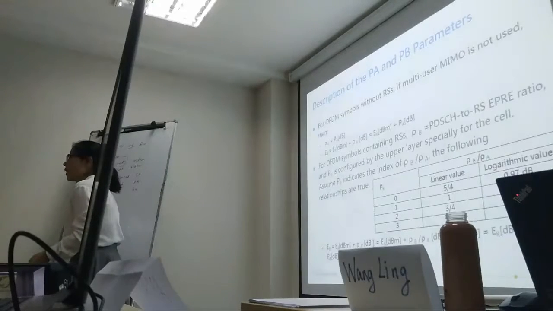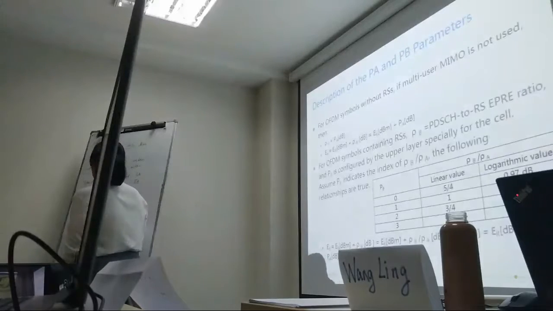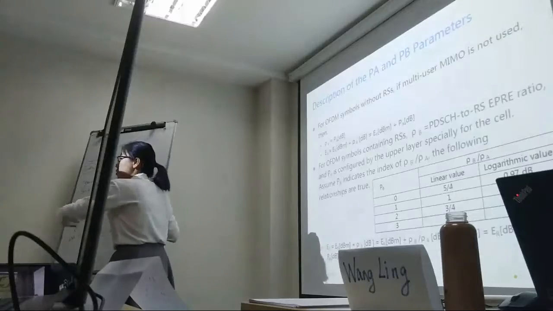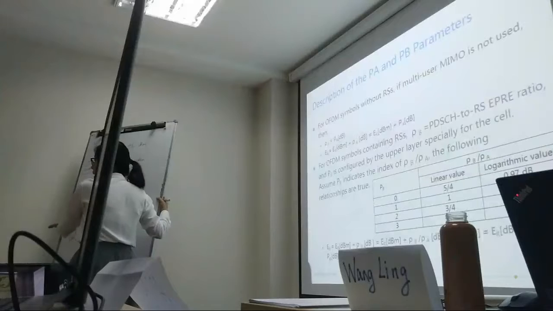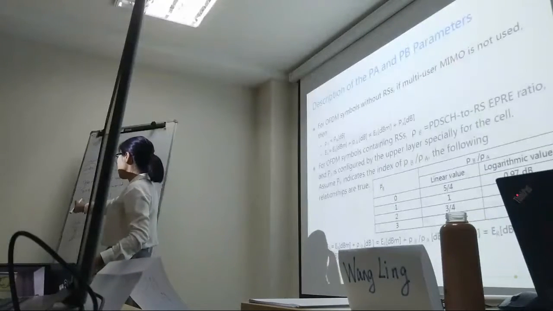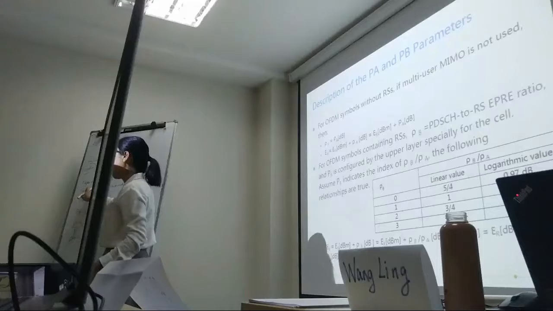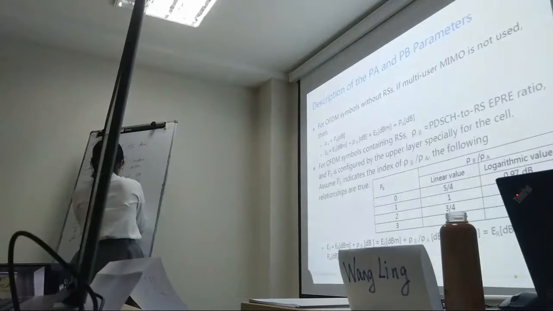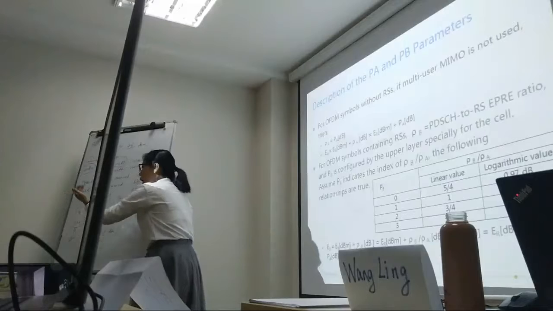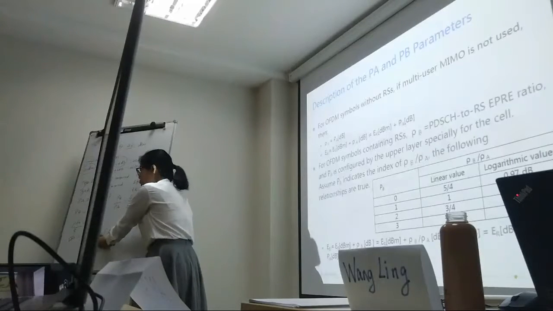So for rho B, we define another, PB. But the PB is not the same principle as PA. It's not the log of rho B directly. We define that rho B divided by rho A, we can get that EB divided by EA, because from this PA and ER we can get EA.